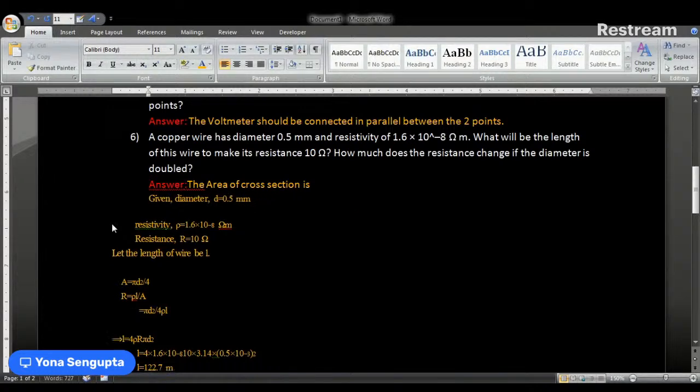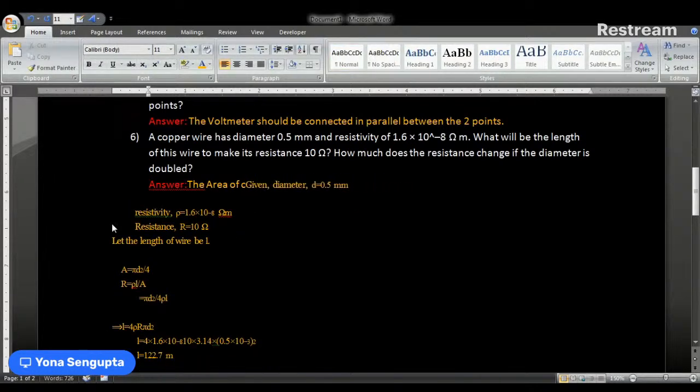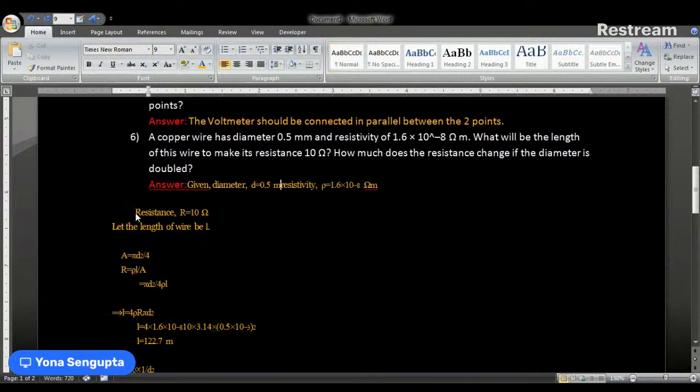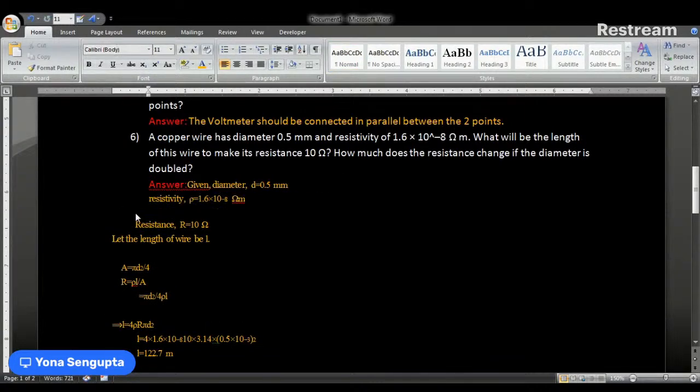Okay, so given is the diameter, D equals to 0.5. Then the resistivity we know is given by rho. This is the symbol here. I hope you can see.